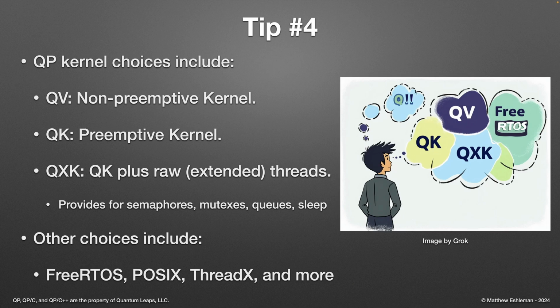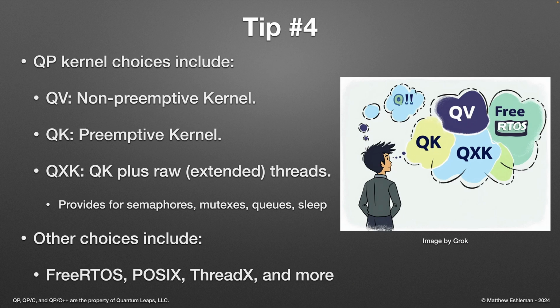And when you're in that context, now you have semaphores, mutexes, queues you manually deal with, or the ability to sleep the thread for a certain amount of time. And then on top of that, QP provides porting layers for various well-known real-time operating systems, such as FreeRTOS, ThreadX, POSIX, etc.